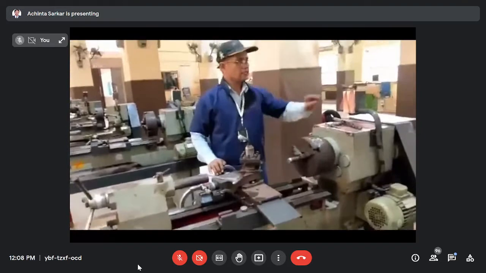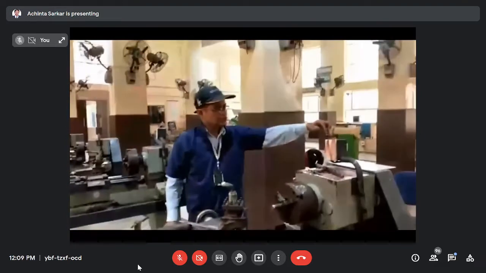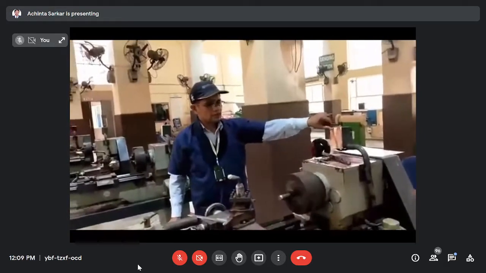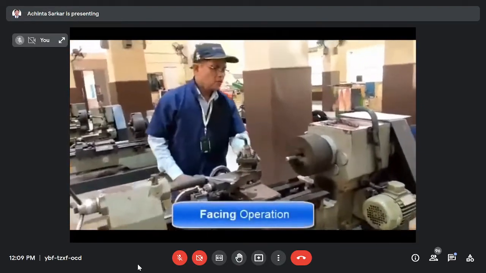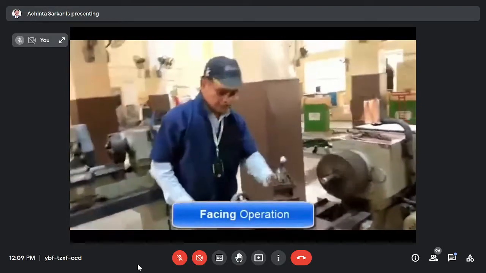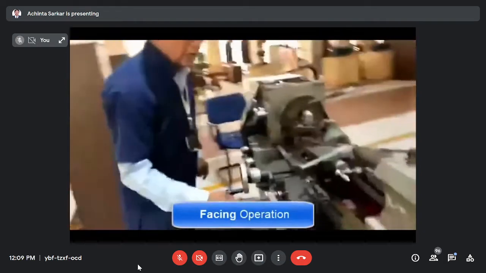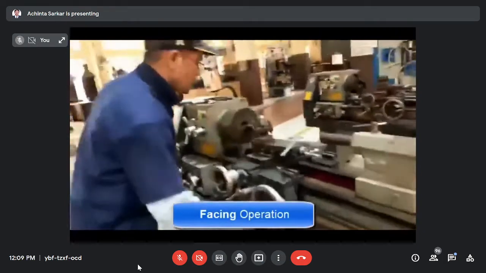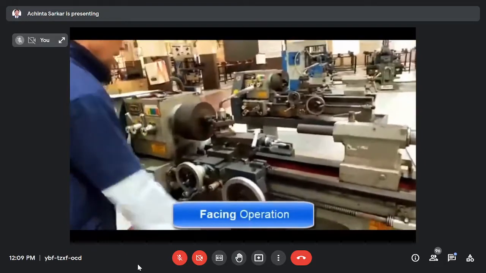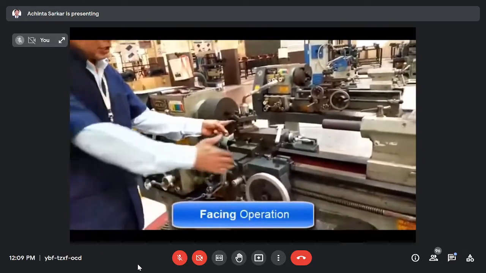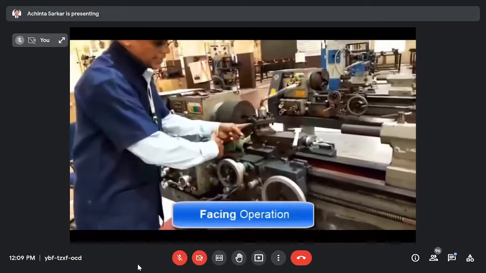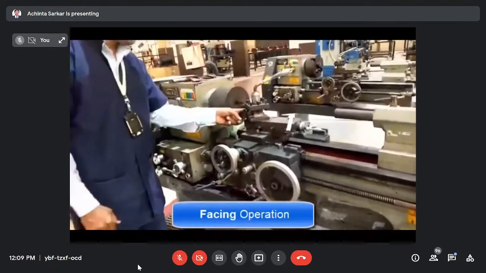Now first you have to switch on, the lever slides towards you, then the cutting point will be taken to the end of the workpiece by rotating the carriage wheel, and then the cutting point is here. That means the cutting tool moves in the x direction and the y direction.